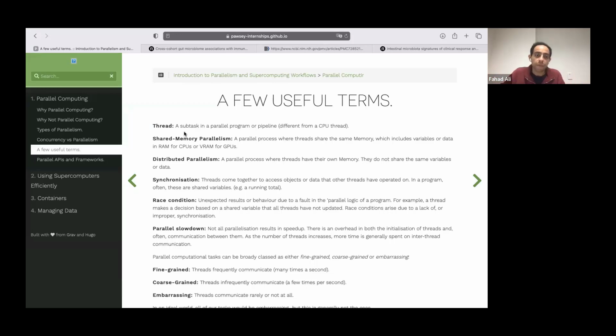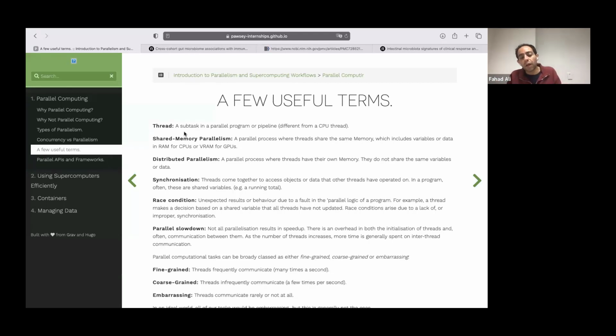It means what it says. In distributed parallelism, it's slightly different. That's when each of those threads, each of those subtasks, has its own memory. What that means is that they don't actually share the same data. They're not reading the same data. So that's the distinction between shared memory and distributed parallelism.